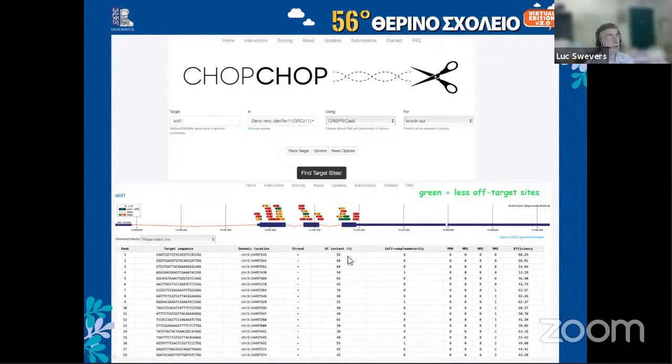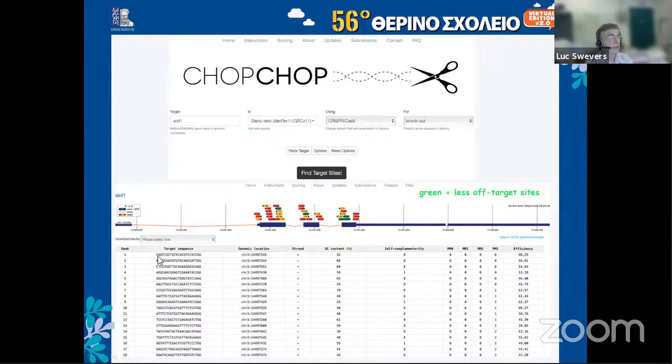For instance, if you see in these slides, the first sequence has, if you look at the predicted target sites, target sites with 0 mismatches, 1 mismatch, 2 mismatches, and 3 mismatches.